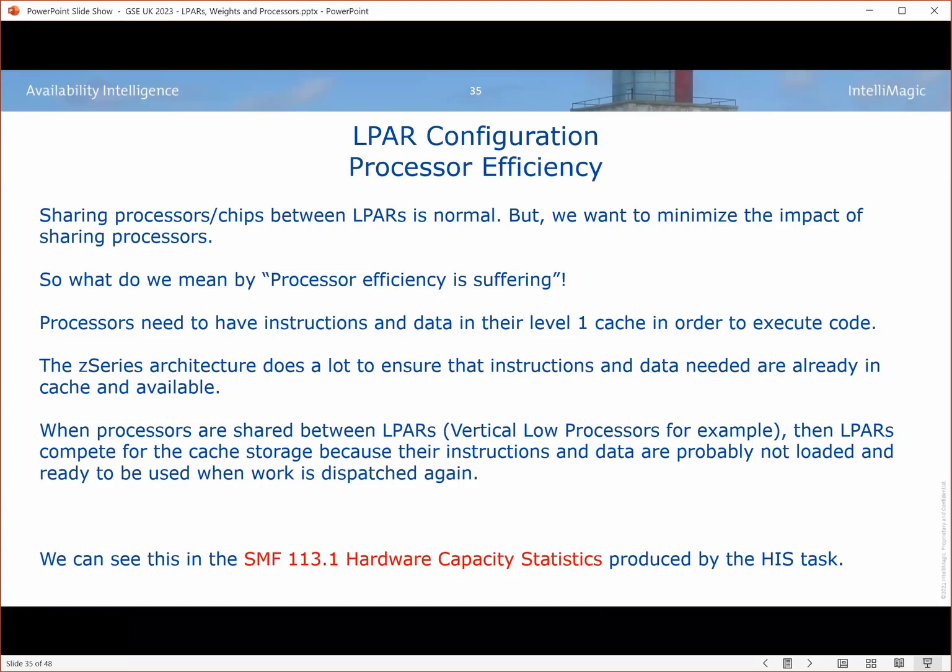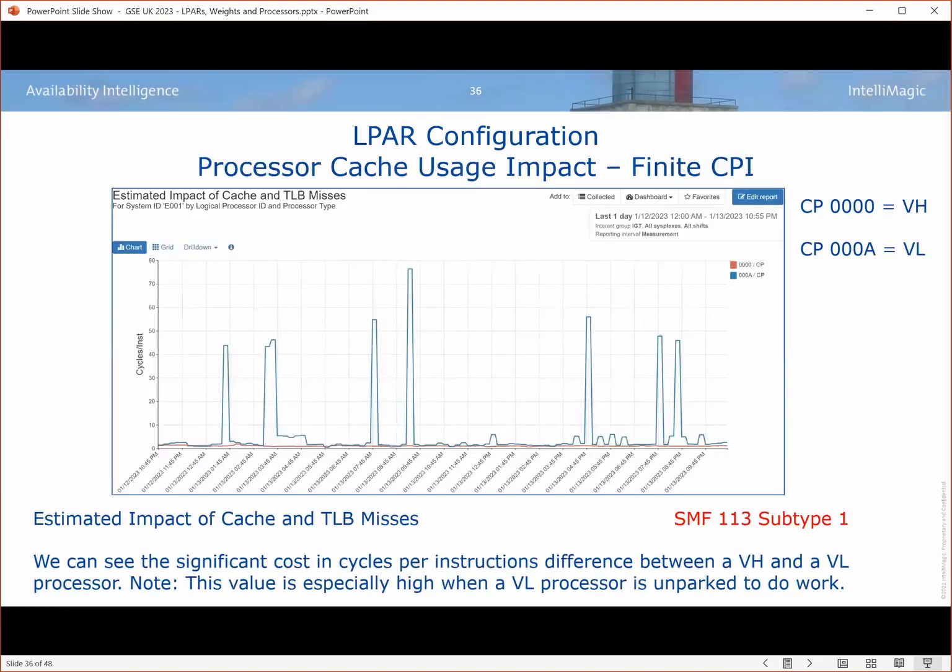And that's based on the SMF 113 subtype 1 data, the hardware capacity statistics produced by the HIS task. So what I'd just like to show you here is what's termed finite CPI, which is basically the cycles per instruction impact for cache and also for the translation look-aside buffer misses. What I'm looking at here is only two processors.